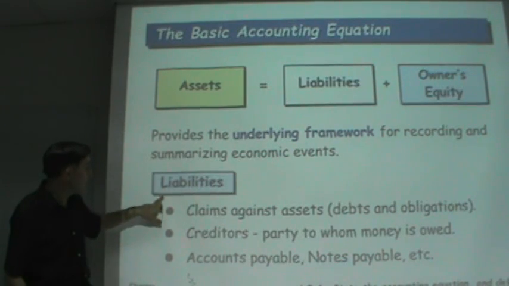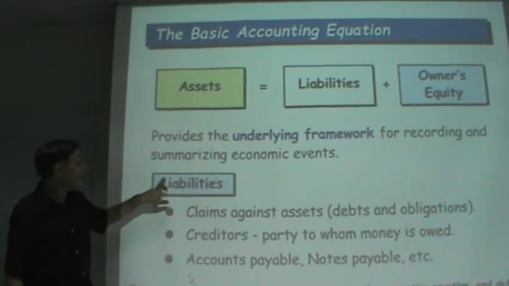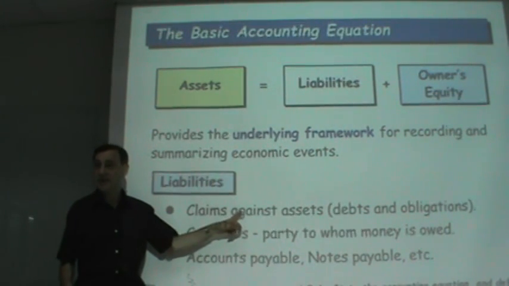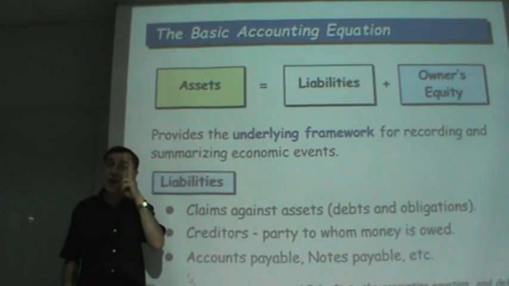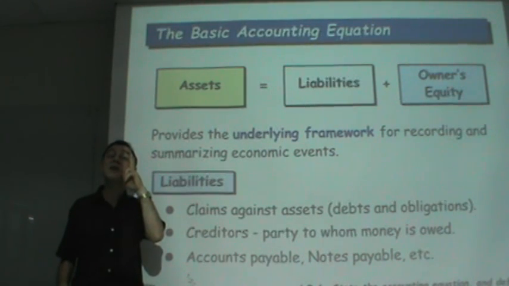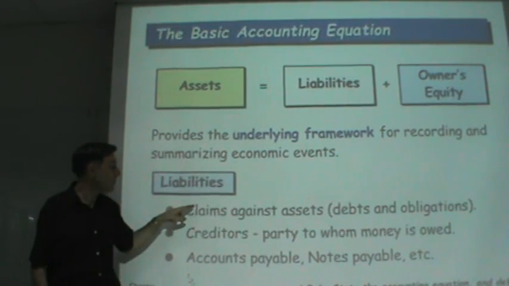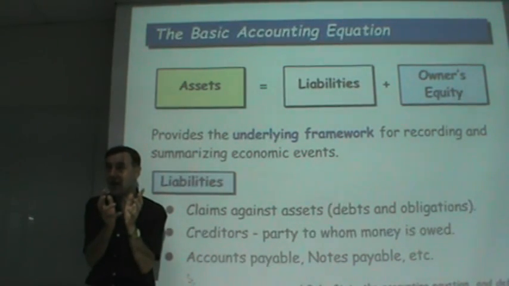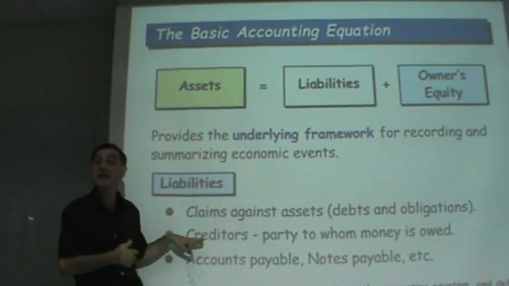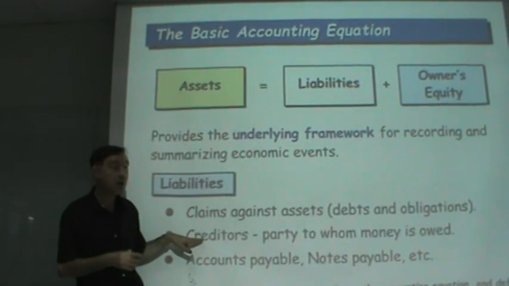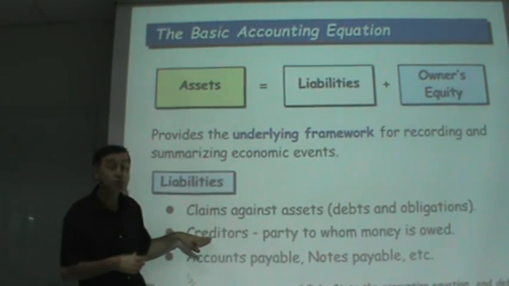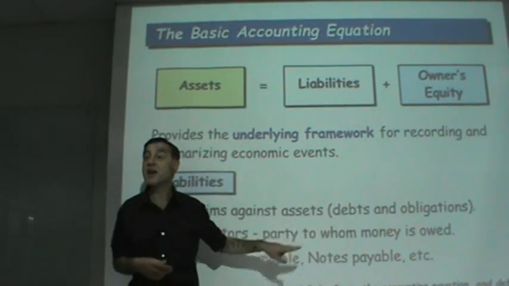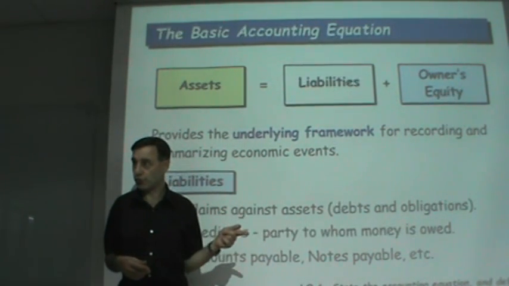Now we explain the liabilities. So, liabilities are claims against an asset. The way to think about liability is an obligation. An obligation. Another way to think, there are many ways to think about liabilities, is that liabilities are or represent creditors. This is the party to whom money is owed.